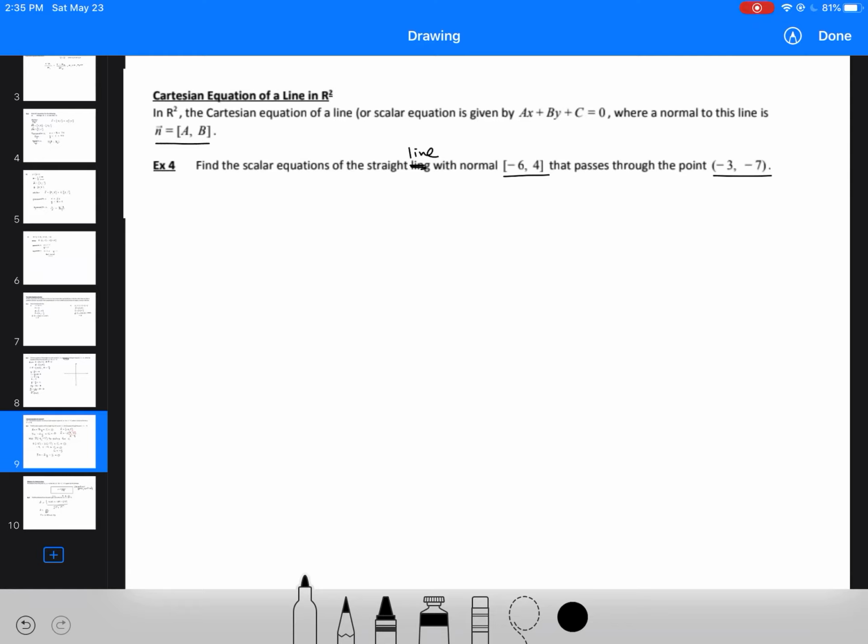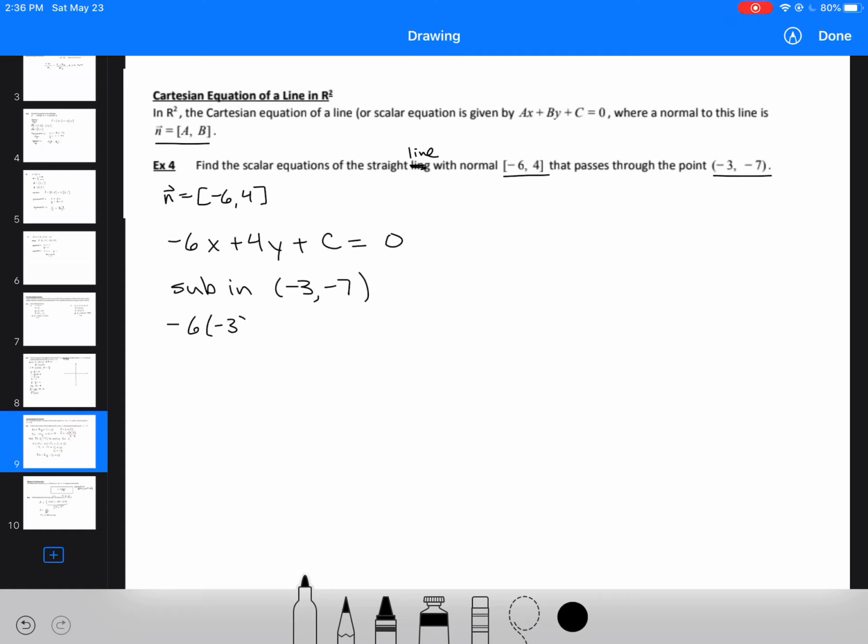So here we're applying the fact that I showed you in the last one, that our normal is equal to a, b. So if we have our normal as minus 6, 4, that means that our standard form of the equation of a line is going to be minus 6x plus 4y plus c equals 0. Now we are going to sub in minus 3, minus 7.